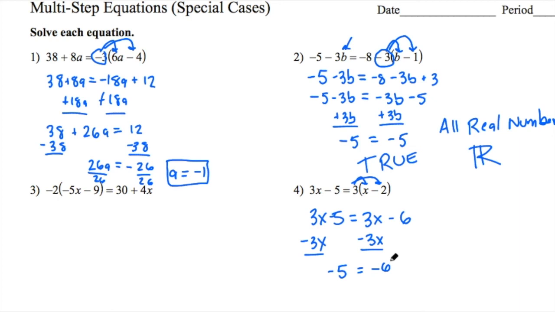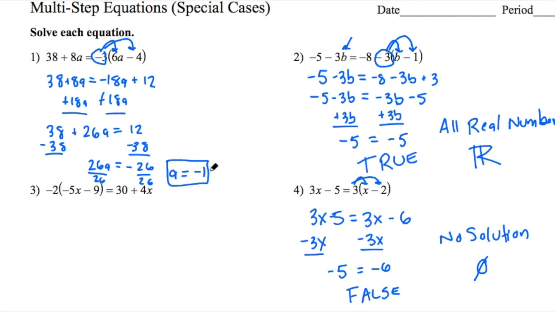All the variables have disappeared, but in this instance, we got a statement that is false. Don't let anyone convince you. Negative 5 is definitely not equal to negative 6, so we got a false conclusion from this, which means that no matter what we had plugged in for x at the beginning this time, no value was ever going to work. So we would say that there is no solution for x. You can write this as the empty set notation, meaning if we looked at all the possible answers, there's nothing in this set. The set of answers, no answer, so that's another symbol for no solution.